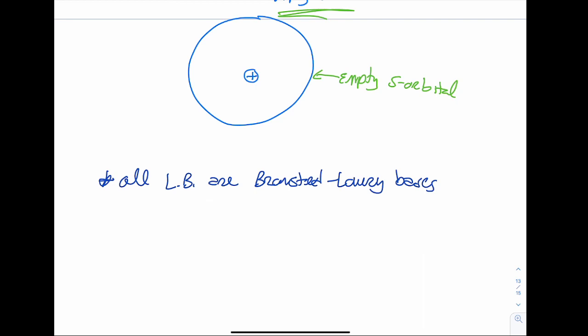Remember Lewis bases, and we'll just draw ammonia here. Lewis bases are going to accept a proton, right? So if this is going to act like a Lewis base, it's going to react with an acid, and we're going to form this.